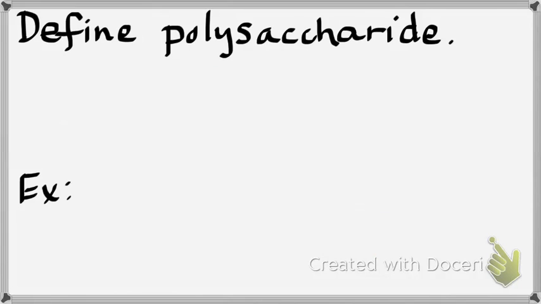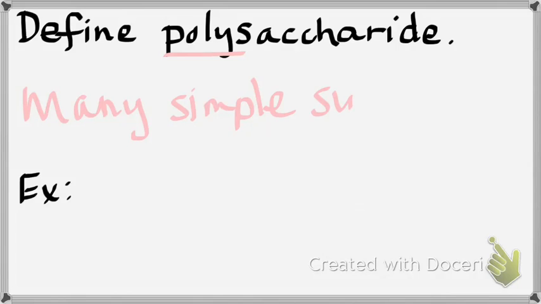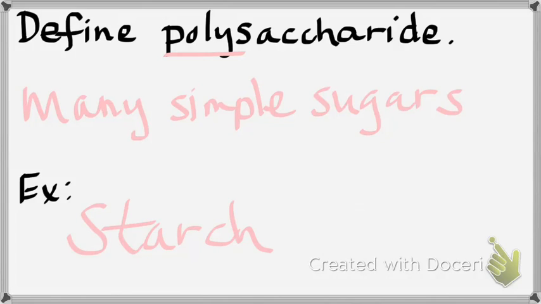Okay, next one. Polysaccharide. What's a polysaccharide? Many. Good. Need an example? Good. Starch. This one's on page 29. If you want to look at starch, page 29.